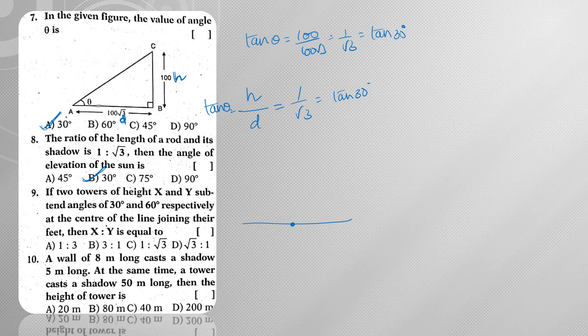So 30 degrees angle means it is the shortest one and 60 degrees angle means it is the tallest one, because both the distances are equal, right? Because he is observing from the center point. So to observe the tall one, you need to raise your head. Okay, so this angle will be 30 degrees and this angle will be 60 degrees.